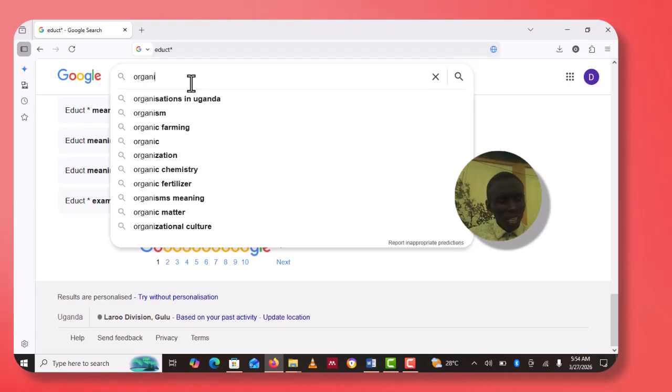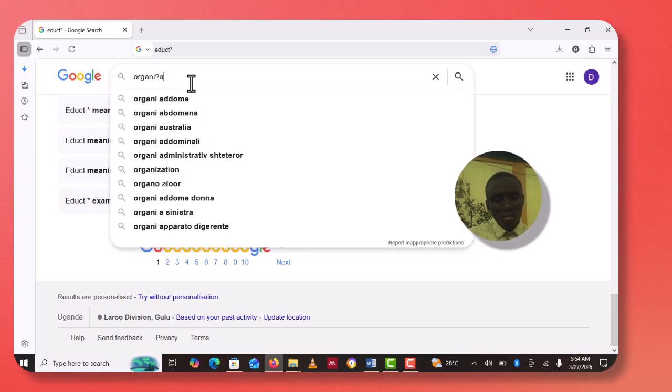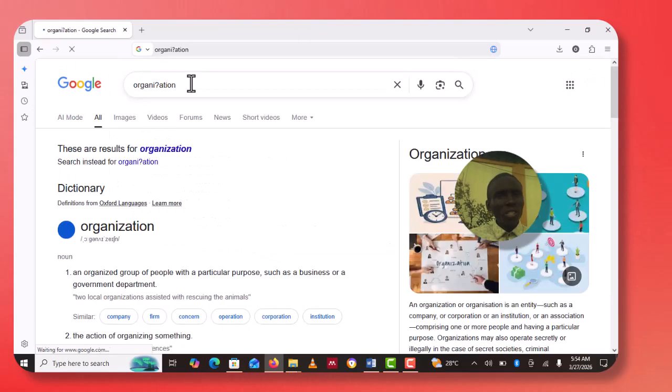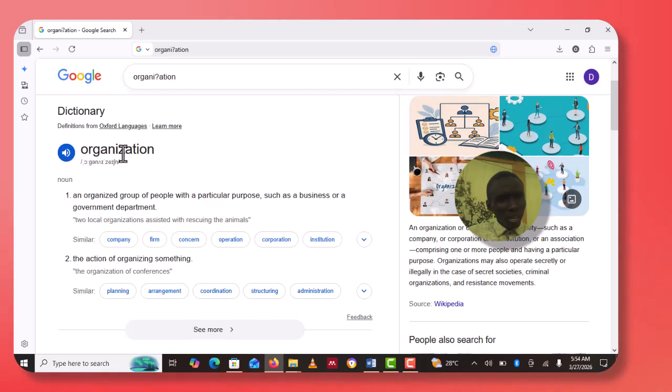So maybe I'll just put a question mark, since it is an example of the wildcard, to help me find it out critically. Then I finish my writing like that, then I say enter. So it is going to help us define it clearly. As you can see, the dictionary definition is helping us here: organization with the Z, then the other one with the S.